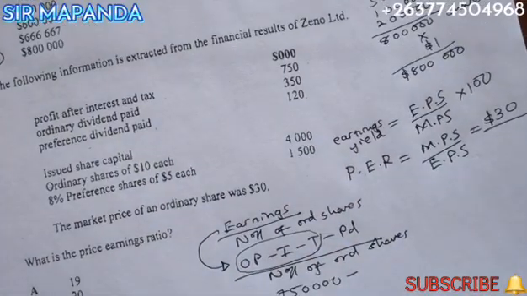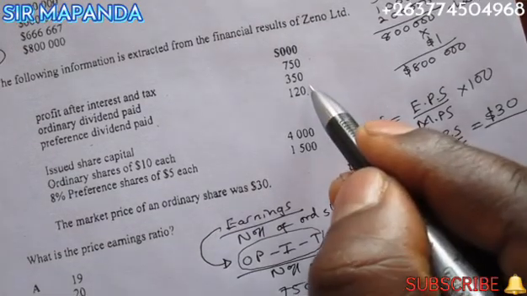Remember, according to the new international accounting standards, in the statement of changes in equity, we now record dividends paid only. Proposed dividends are no longer recorded in the income statement or the statement of changes in equity. However, they are just disclosed as a note. I hope you are following.